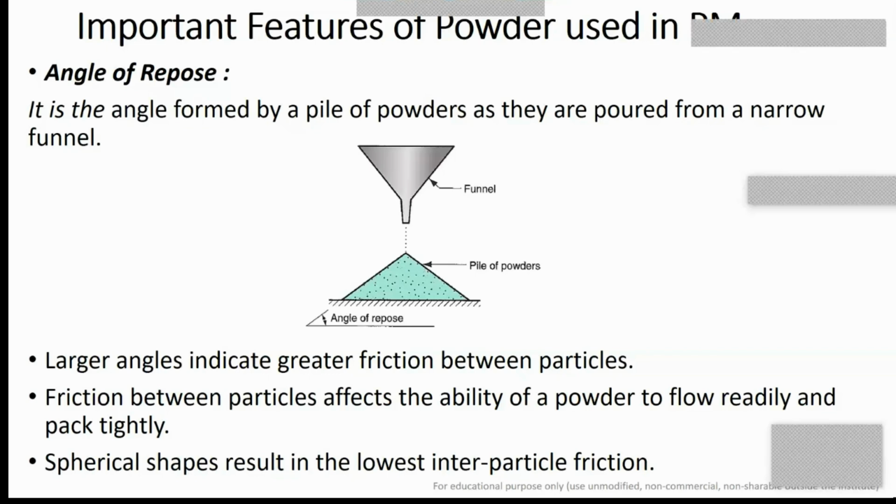The spherical shape results in lower interparticle friction. So what is the most preferred shape of powder particle? This is basically the spherical shape, because it offers the lowest interparticle friction.